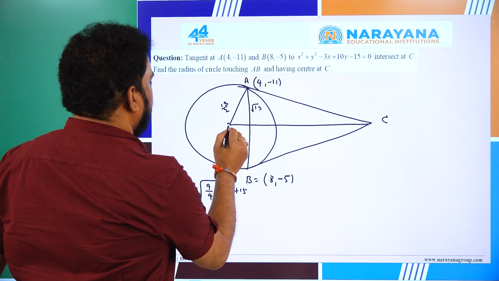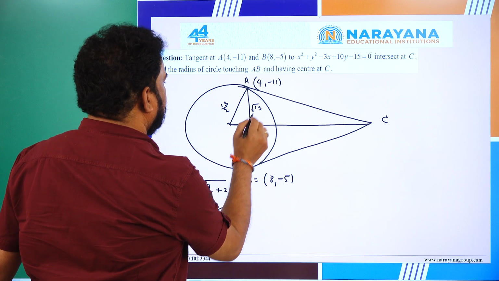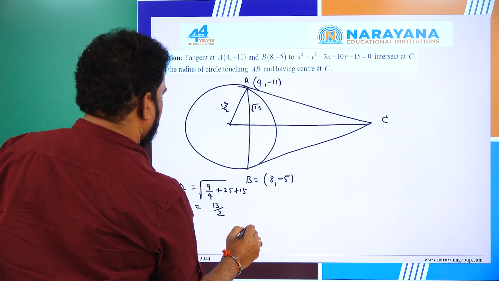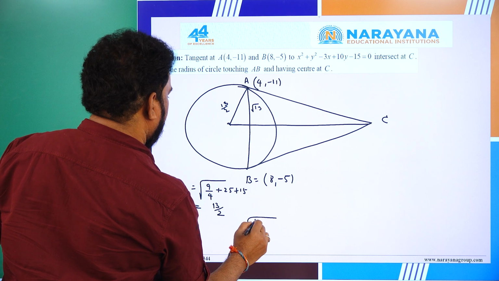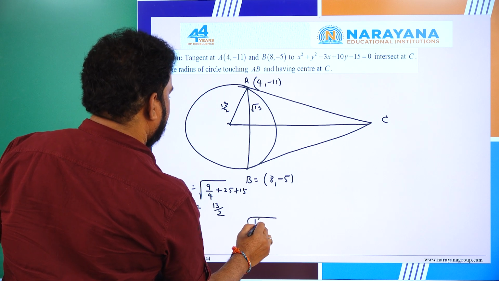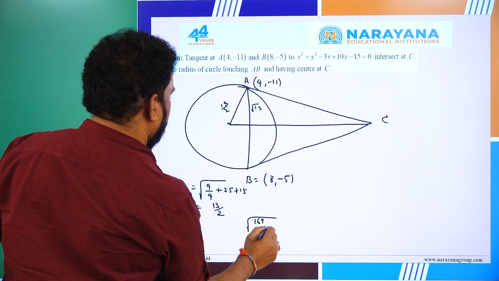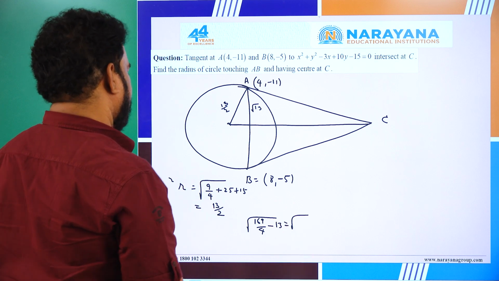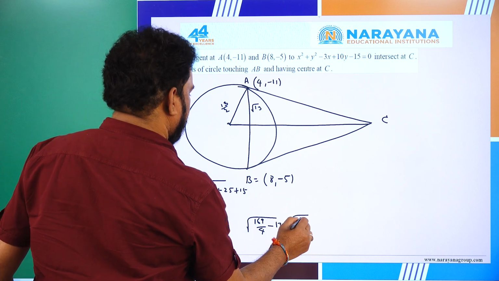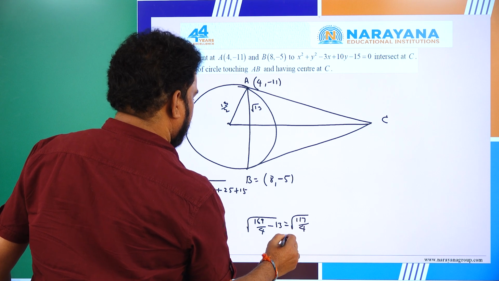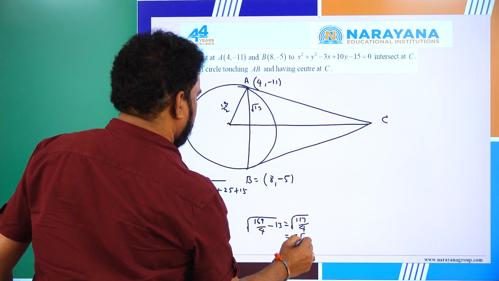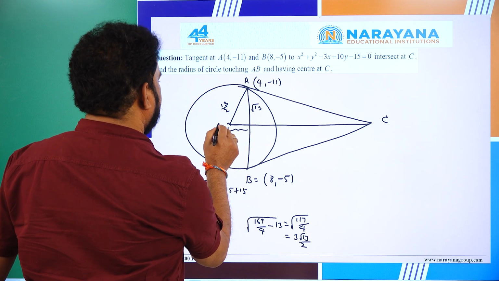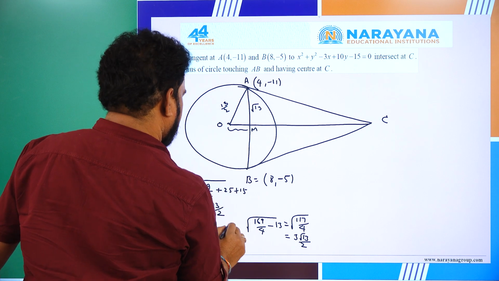By Pythagoras theorem, this portion is the square root of 169/4 - 13, which is root of 117/4, so 3 root 13 by 2. So this portion we got. Let us take it as O, and this is M, which is OM.